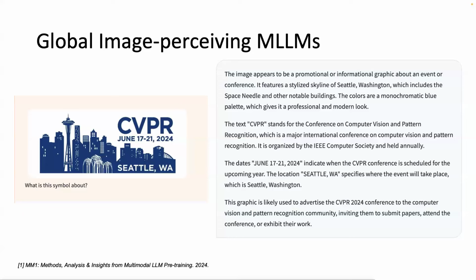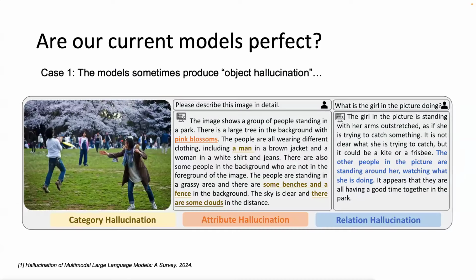So do you think that's right? Is that everything that you want to see? I don't think so, because if you take a look at some model inputs, the image contents become richer, and you ask, for example, please describe this image in detail. The model will output a bunch of text, while it also makes some incorrect answers. For example, there are some benches and a fence in the background, which I cannot see.